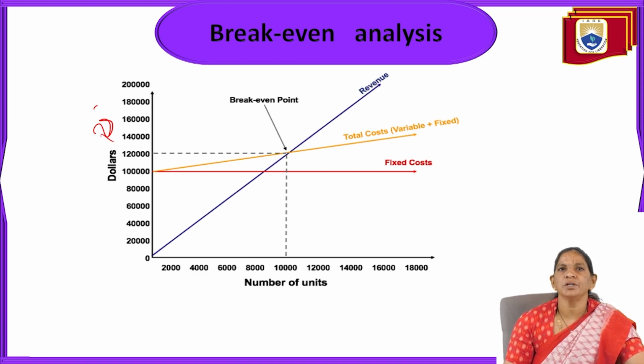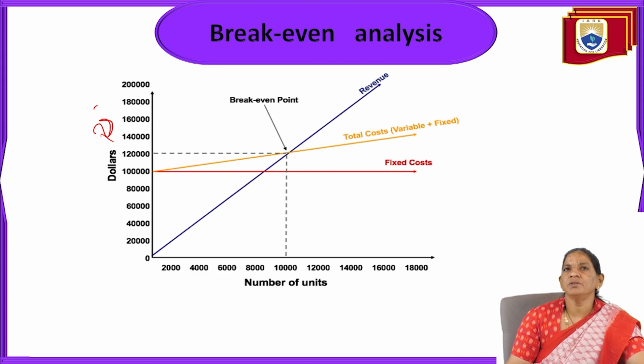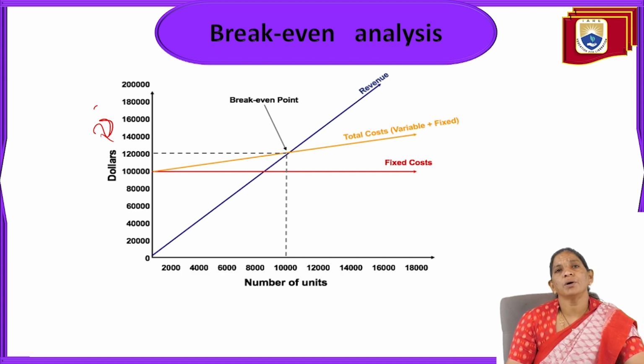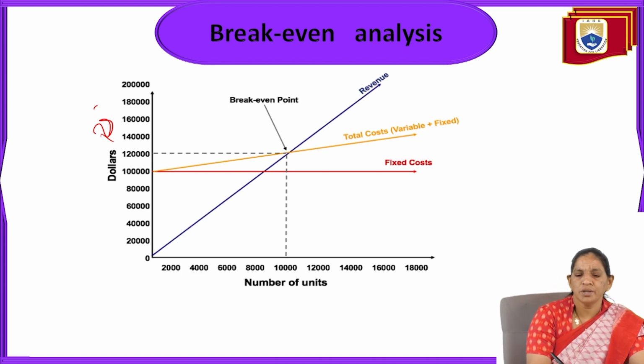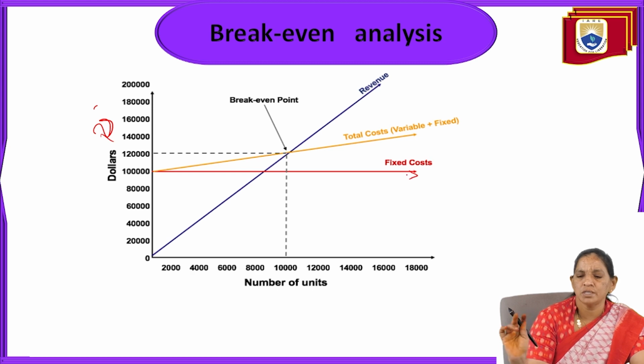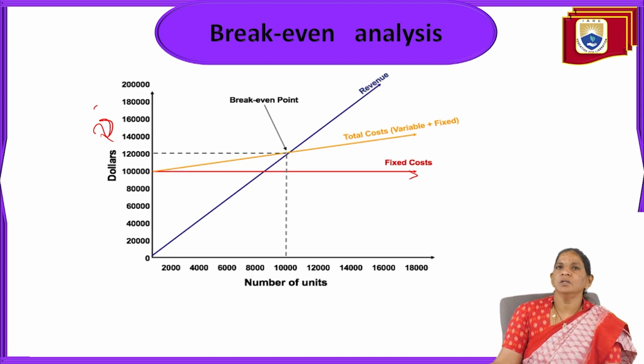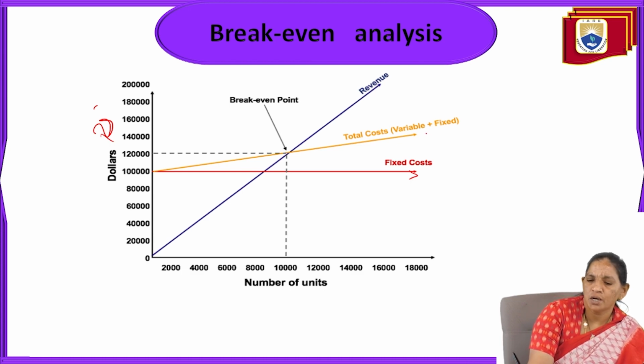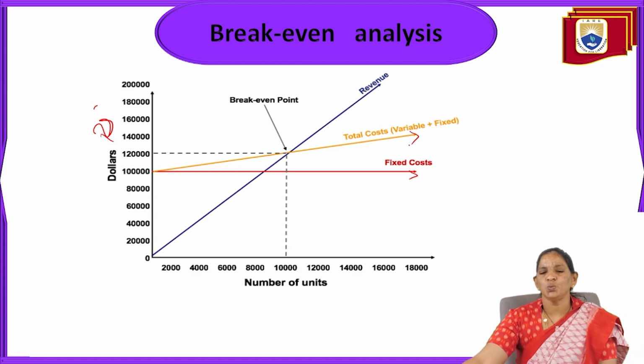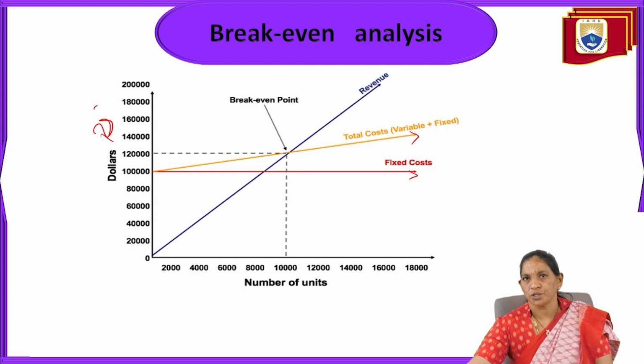Based upon that, we can see that, as I already told, the fixed cost is fixed. The variable cost will change according to the change in the production units. We can identify here that the fixed cost is constant up to a certain level. The only changeable thing in the production is the variable cost, which varies according to the production.